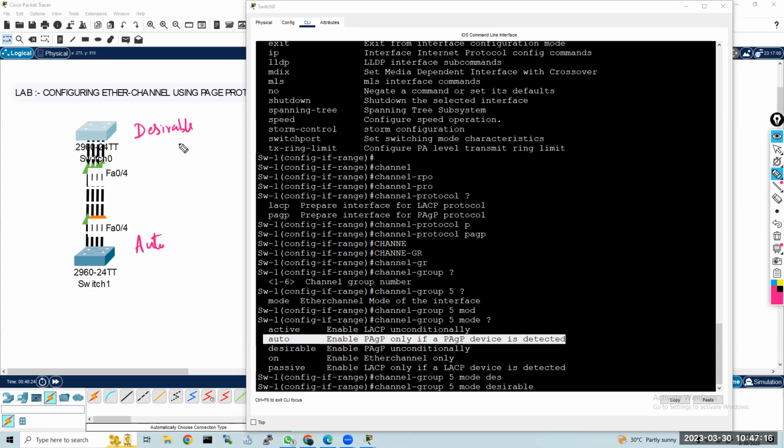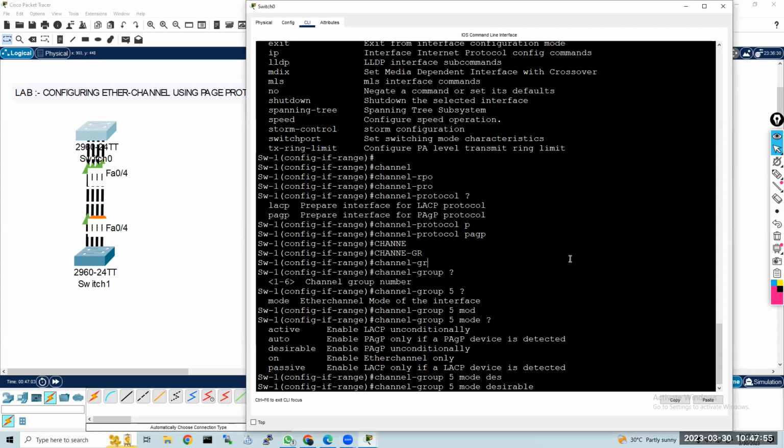You cannot make this also desirable and this also desirable. Either this guy should be auto or this guy must be desirable. The combinations are active, auto, desirable, on, passive. Only these things, one at a time, and you cannot make a pairing of combinations.